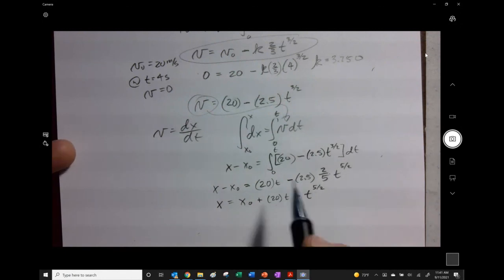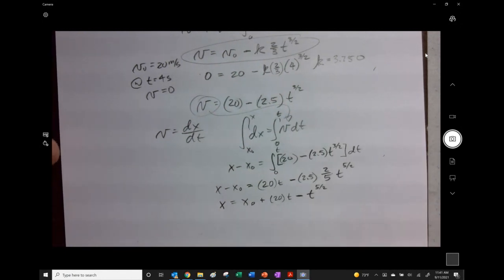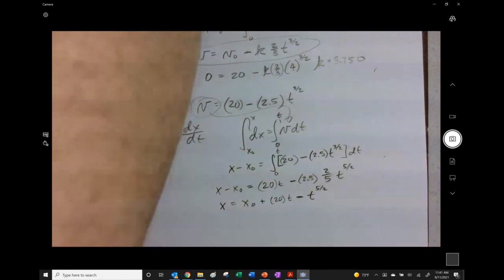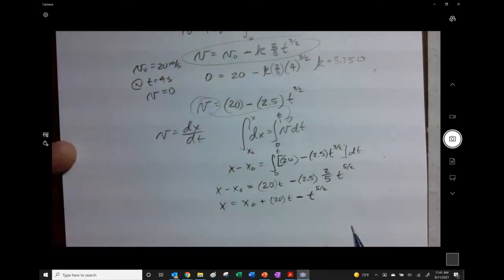And you can assume, I think, the position is starting at 0, right? We could just say that it starts at 0 because that's where you would start measuring it, right? Yeah. That's totally fair. But now you want to find out the distance that it has traveled in 4 seconds, right?